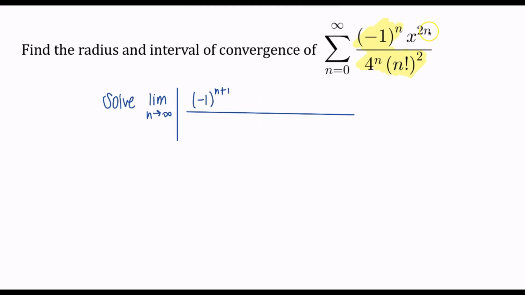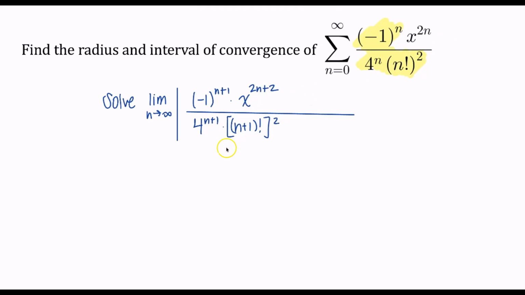And then here I'm going to replace n with n plus 1, which is going to create x to the 2n plus 2, because n plus 1 would get multiplied by 2, so both the n and the 1, which creates an exponent of 2n plus 2. In the denominator, there's going to be a 4 to the n plus 1, and then we're going to have n plus 1 factorial squared. So I'm going to have n plus 1 factorial, but squared, 2 copies of that.